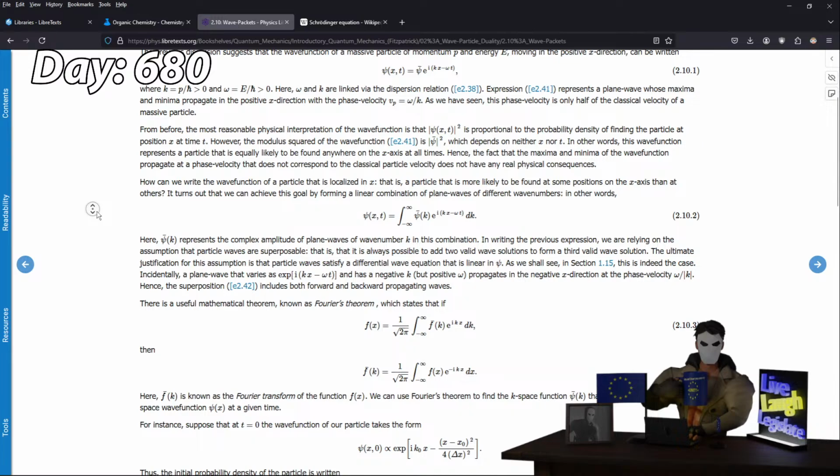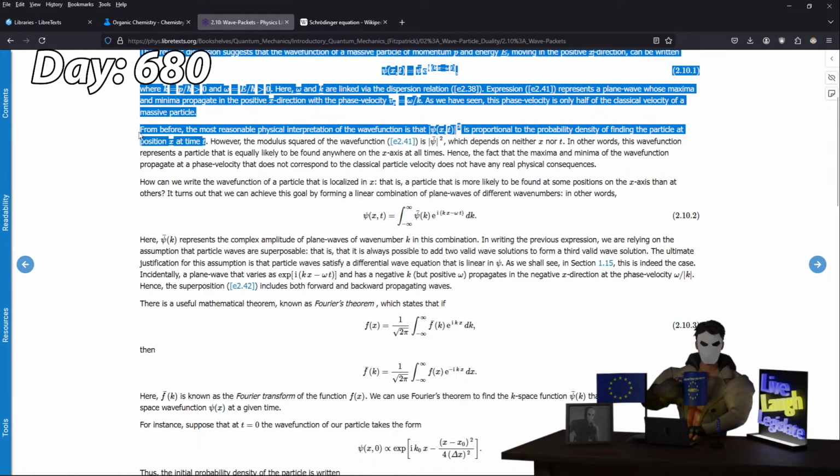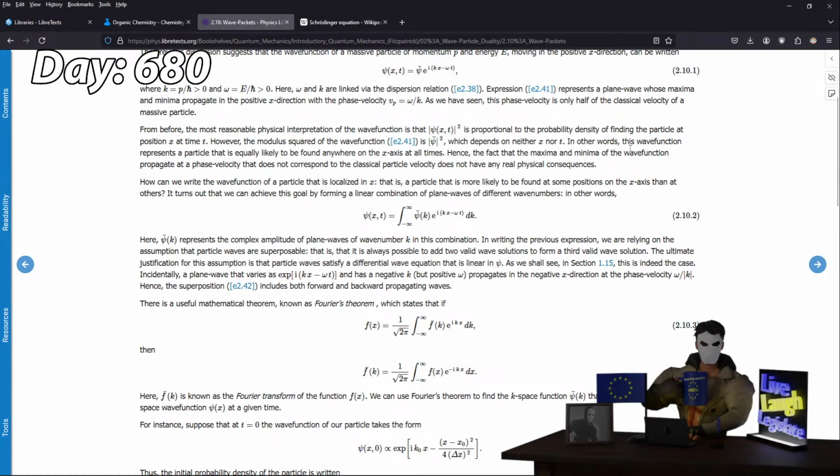From before, the most reasonable physical interpretation of the wave function is that the square, the wave function times its complex conjugate, is proportional to the probability density of finding the particle at position x at time t. That's what I want to figure out. Why is it? However, the modulus squared of this wave function depends on neither x nor t, so this wave function represents a particle that is equally likely to be found anywhere on the x-axis at all times.